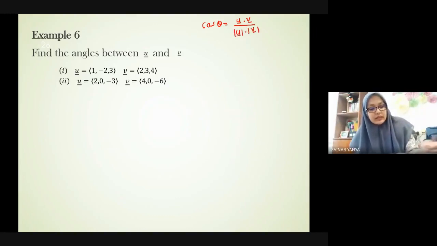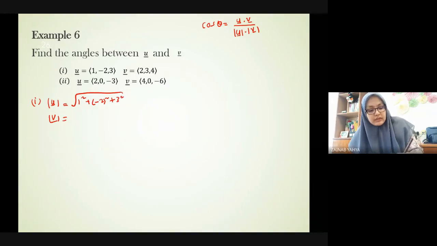So for number 1, you find the magnitude of u first, then the magnitude of v first. So you get 1 squared plus negative 2 squared plus 3 squared. For v, 2 squared plus 3 squared plus 4 squared.